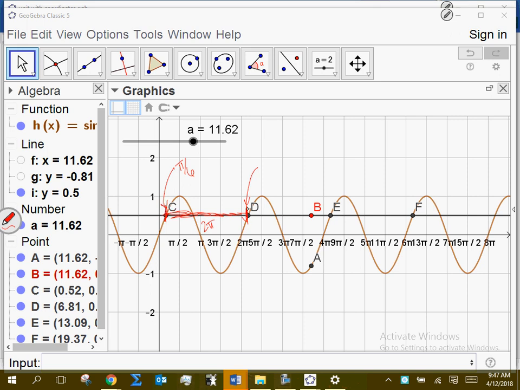So wouldn't this point right here be pi over 6, starting at 0, pi over 6 would get me there, and then plus 2 pi would get me to D. And now how far do I have to go from D to get to E? 2 pi. So D is my starting point now, so pi over 6 plus 2 pi. That's D. Add 2 pi to it, and I get E. What am I going to add to that to get to F? Okay?